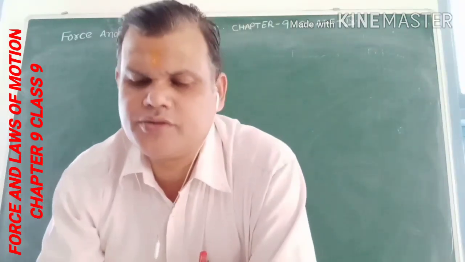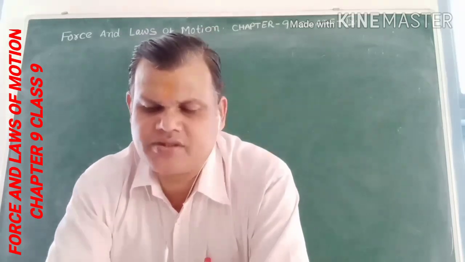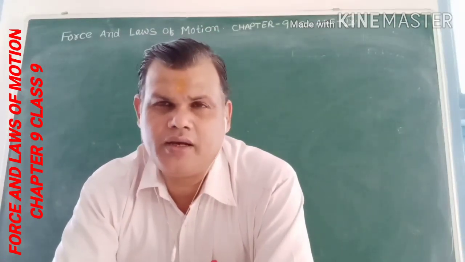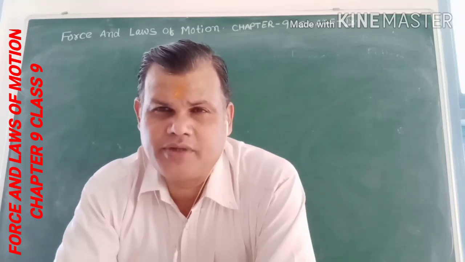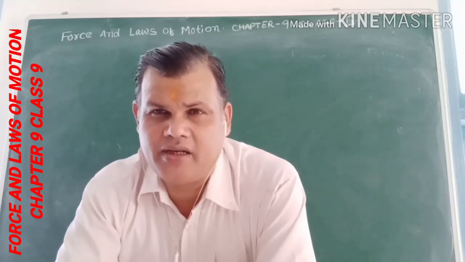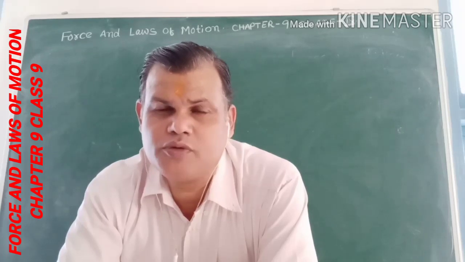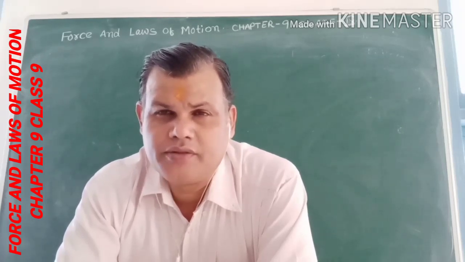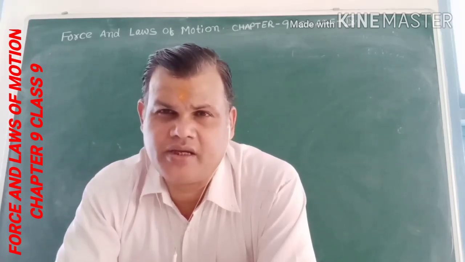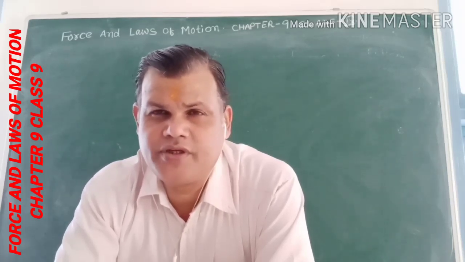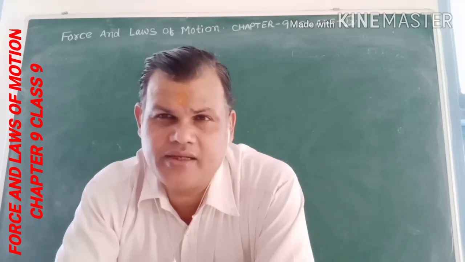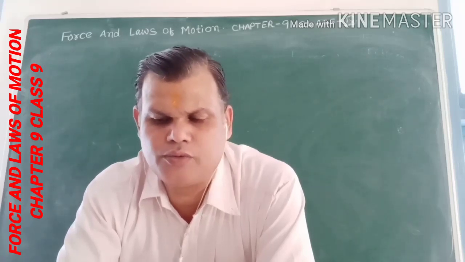We have also seen an example of friction. Suppose we are riding a bicycle and pedalling it. After some time, when we stop pedalling, the bicycle still moves, but its velocity gets reduced. It is again due to the frictional force between the tires of the bicycle and the road.